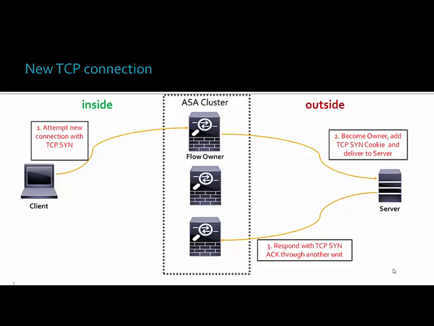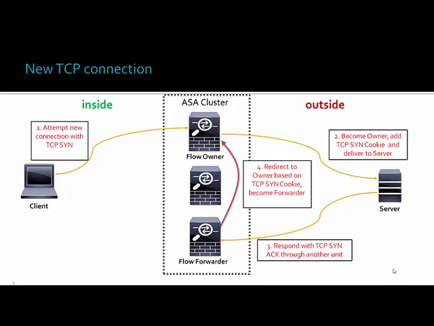So again, he will not need to ask the flow director who is the owner, and it will automatically redirect the traffic using cluster controlling to the flow owner, and subsequently the flow owner will pass the packet back to the client.